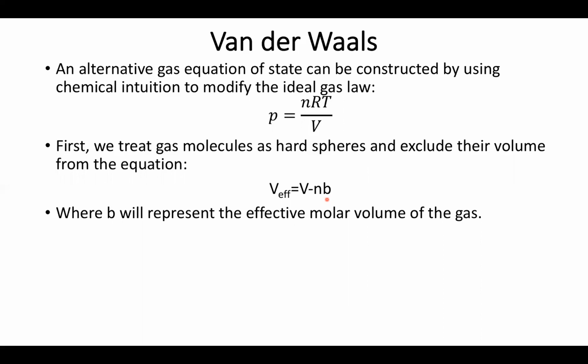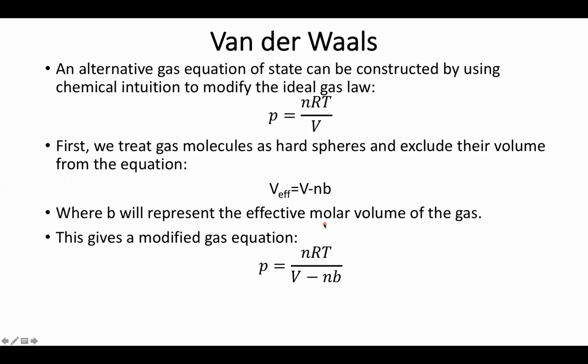So we can input this volume term into our equation, and what we get is a first approximation modified gas equation, where our pressure is now given by nRT divided by the actual volume that the gas has to move around in.